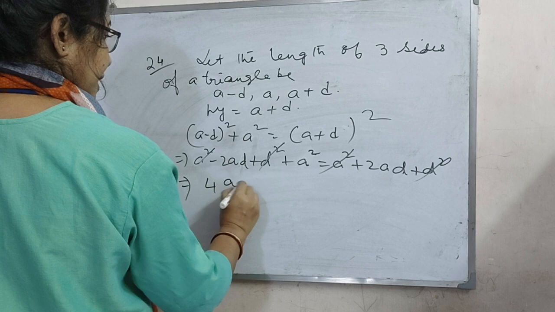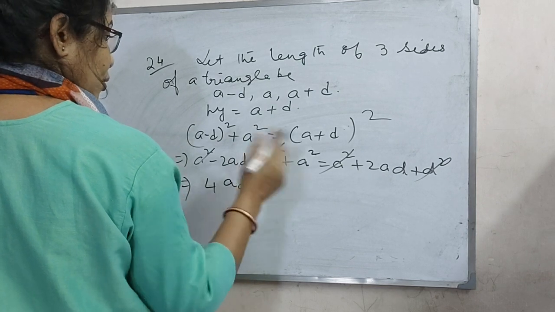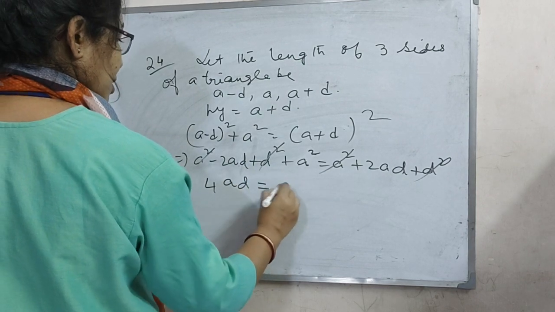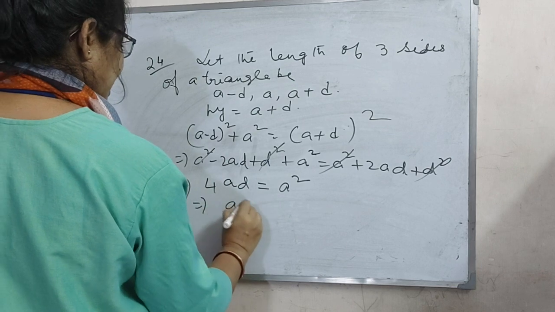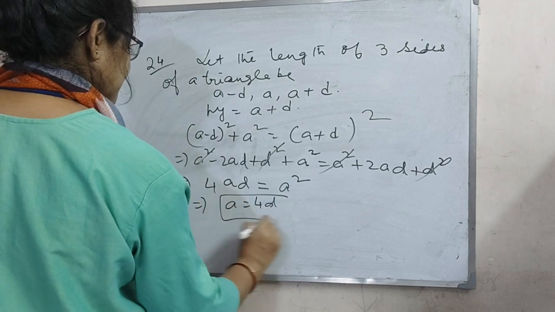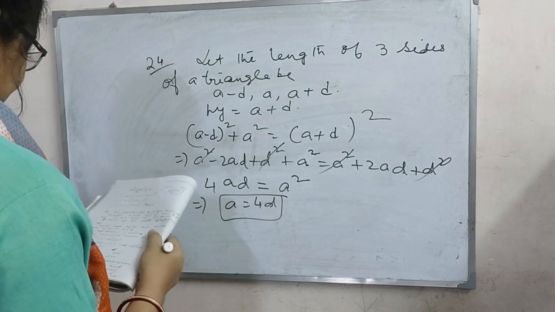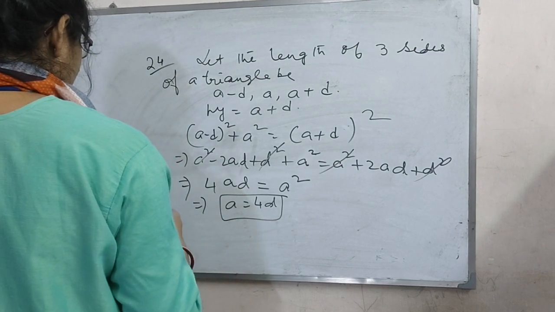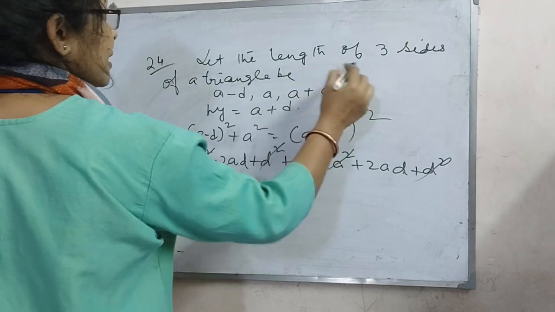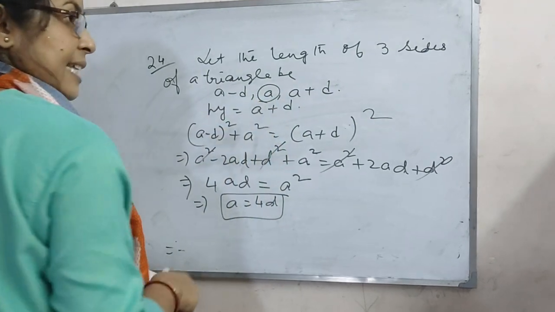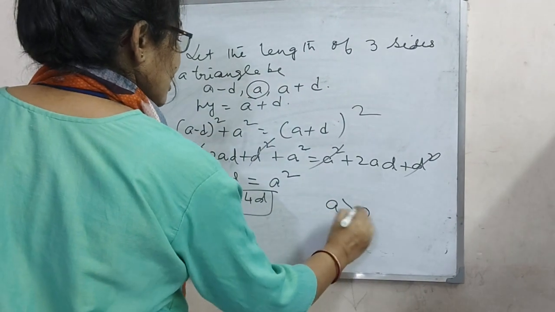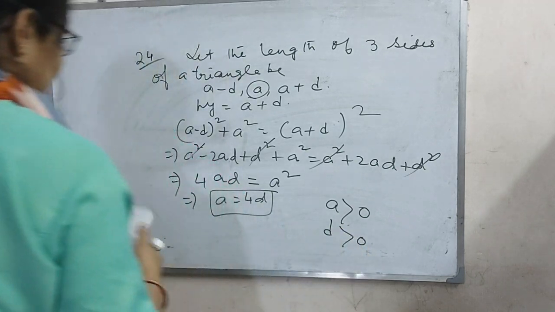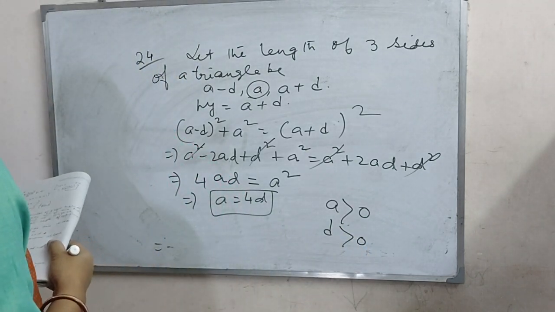So 4ad equals a square, so a equals 4d. Right. Here one side is a, so a greater than 0, that means d also greater than 0, right?